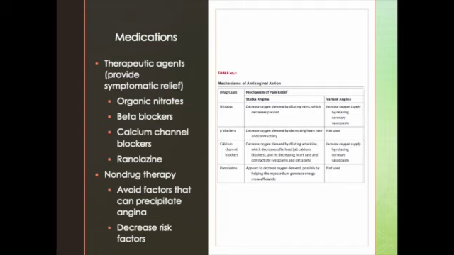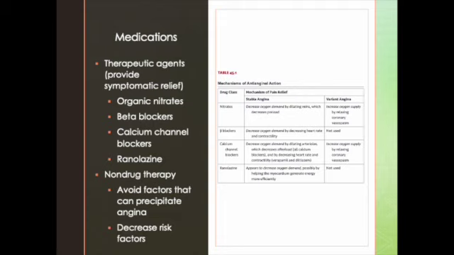You can see that in general, when you use nitrates, they're working on decreasing the oxygen demand in terms of vein dilation, and this is going to help decrease the preload. With beta blockers, they're decreasing oxygen demand by decreasing your heart rate and your contractility.